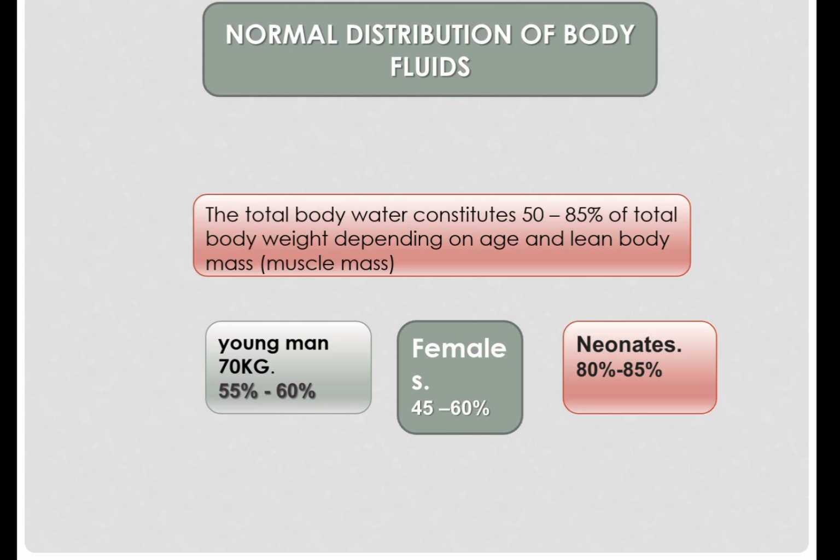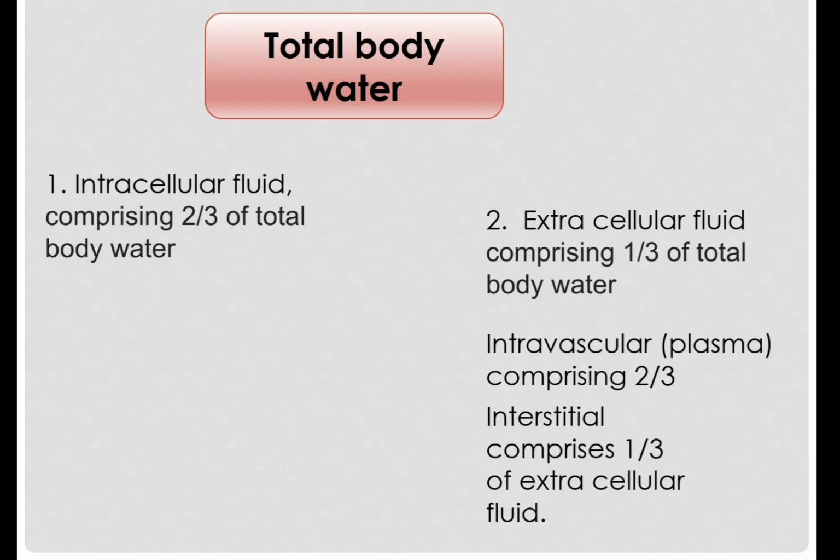The young man of 70 kg has 55 to 60%. Females are 45 to 60%, and neonates 80 to 85%. Total body water is divided into two: intracellular and extracellular fluid.